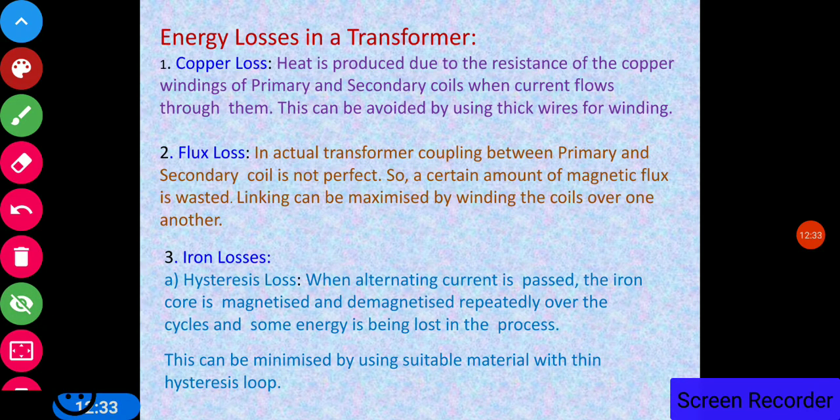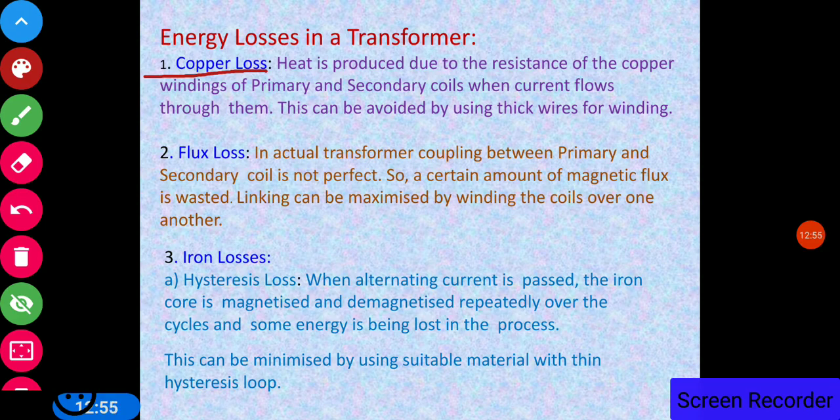Now there are energy losses in the transformer also. Let us discuss them one by one. The first is the copper loss. The winding of the transformer is made up of copper wire, and copper wire has some resistance. Because of this resistance, it gets heated up and some energy is wasted.